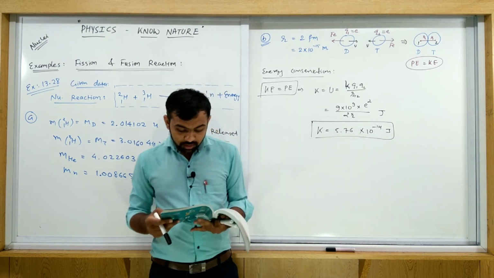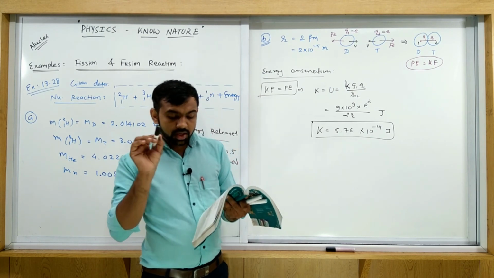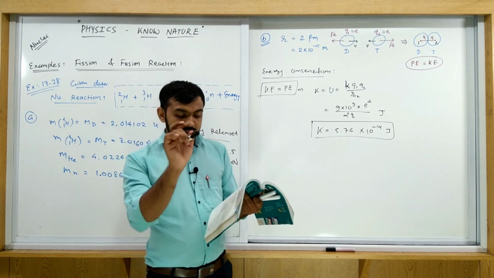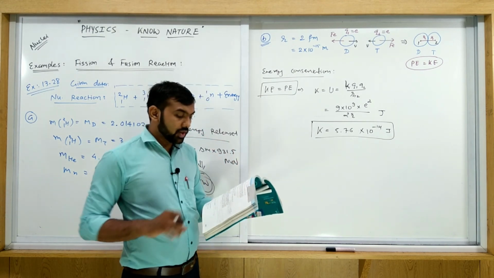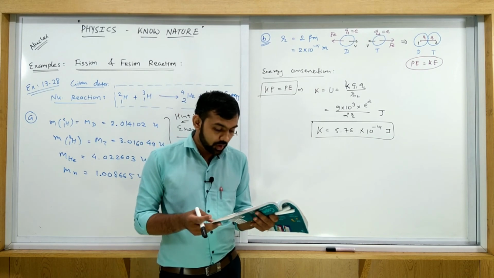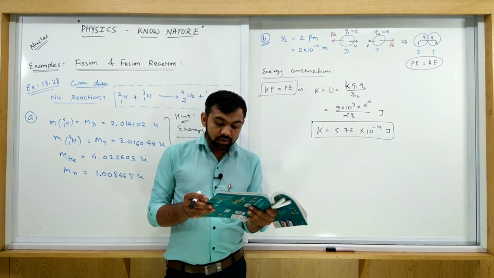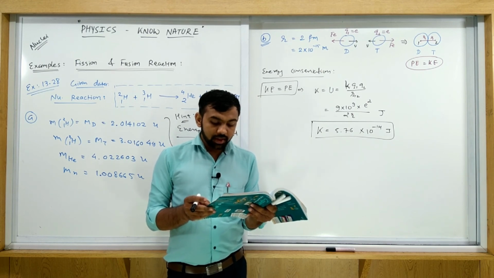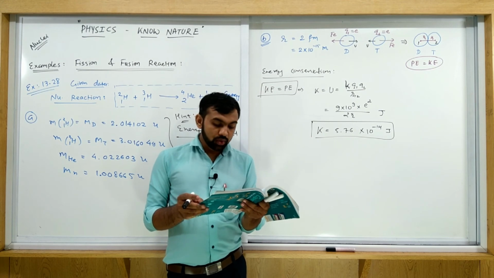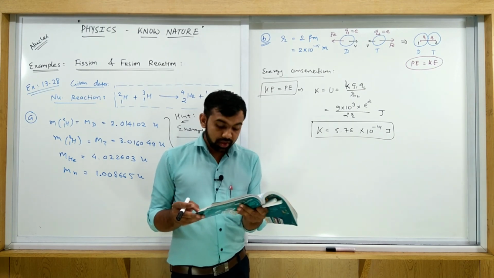Similarly, to what temperature must the gas be heated to initiate this reaction? A hint is also given to us. Let's read this hint, then we go to the solution. Kinetic energy required for one fusion event is equal to the average thermal kinetic energy available with the interacting particles, which is equal to 2 into 3 by 2 kBT, with Boltzmann constant and absolute temperature. The thermal kinetic energy for one particle is 3 by 2 kBT.